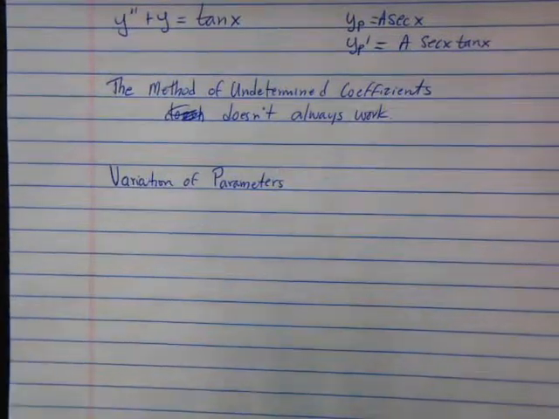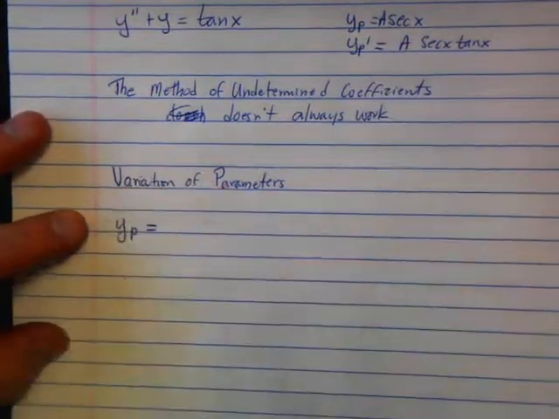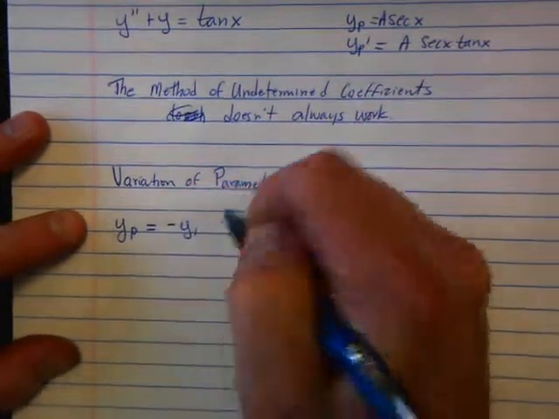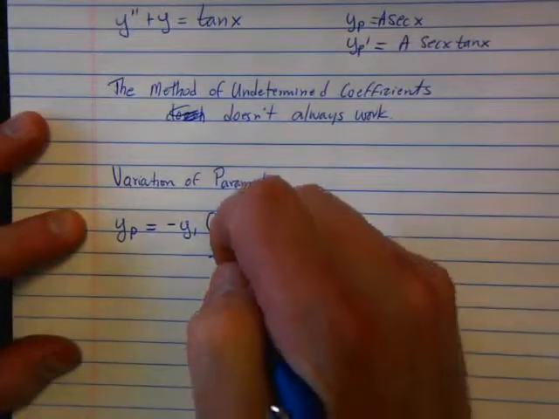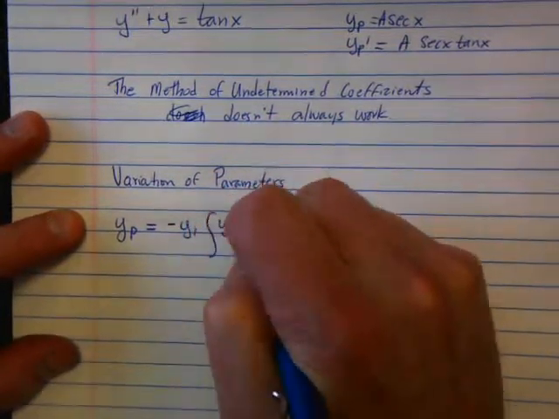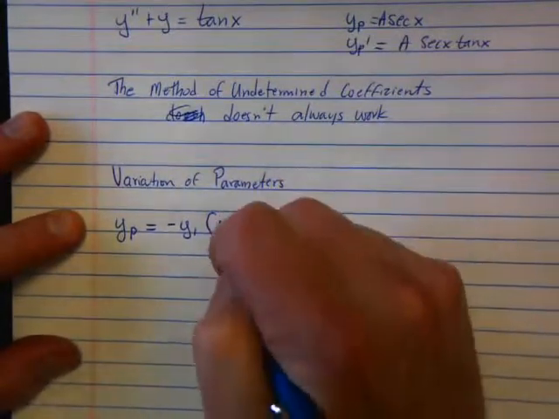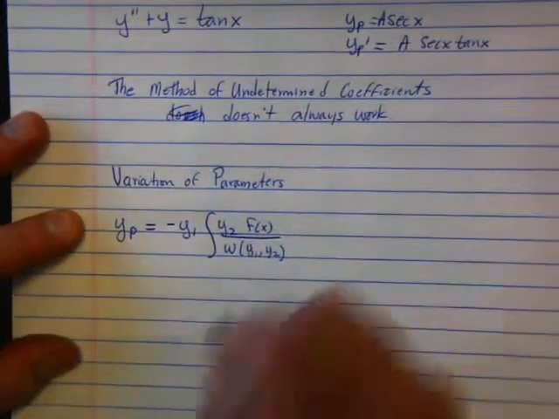The way it works is you have a nice long formula. Y sub p is minus y1 times the integral of y sub 2 times f of x divided by the Wronskian of y1 and y2 dx. Where did they get this?